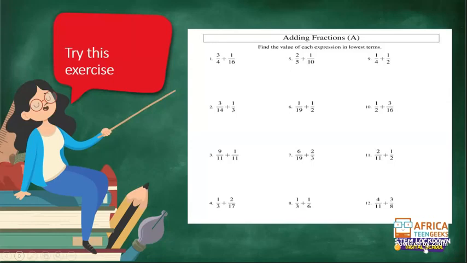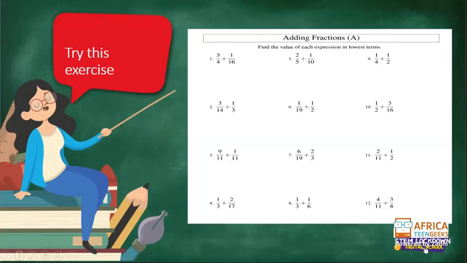What's the answer there? For number 5, you need to convert first.